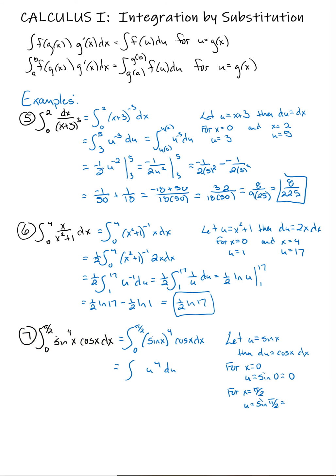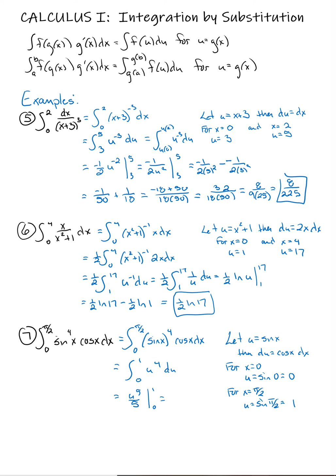Sine of pi over 2 is 1. So we're now integrating from 0 to 1 of u to the 4th du. Oh, well, that's a simple one. U to the 4th du, when we integrate that, we get u to the 5th over 5. We're going to evaluate this from 0 to 1.